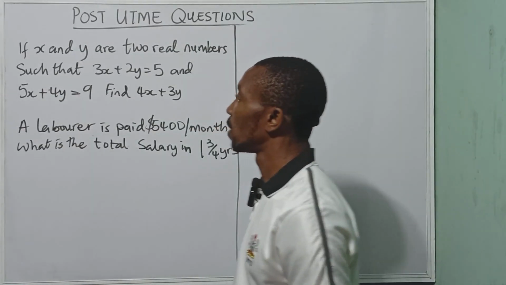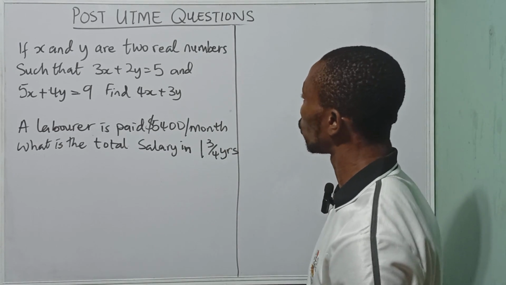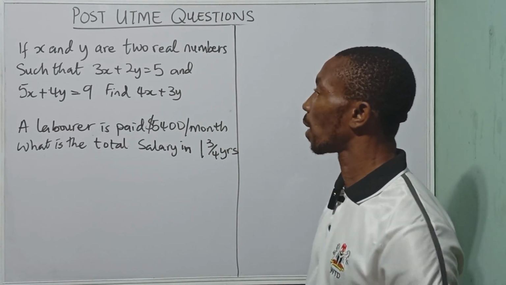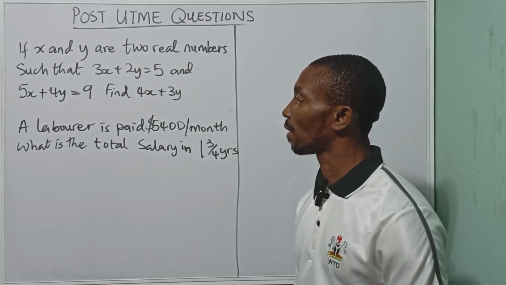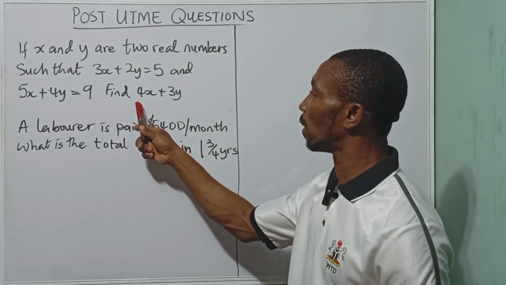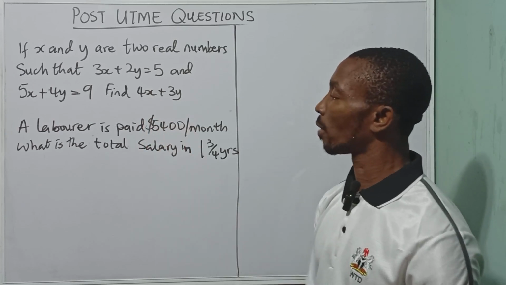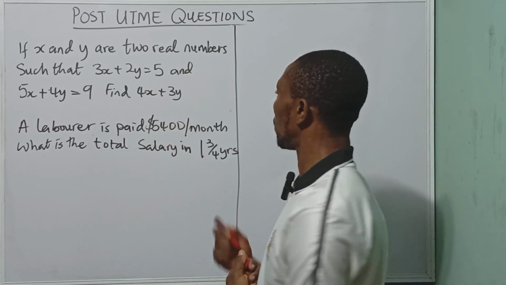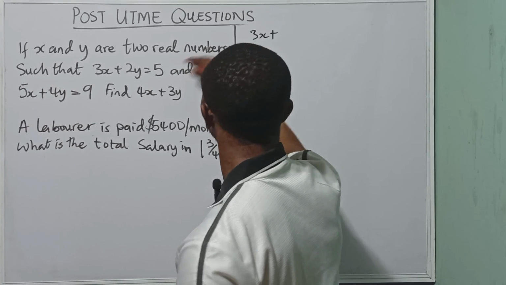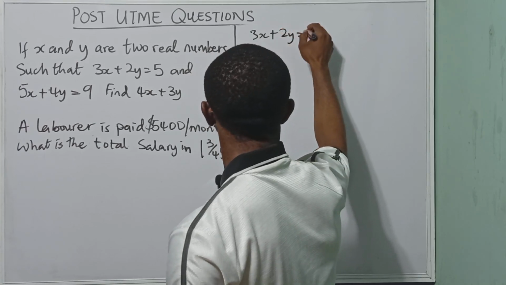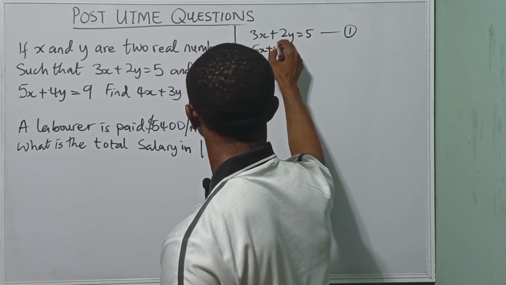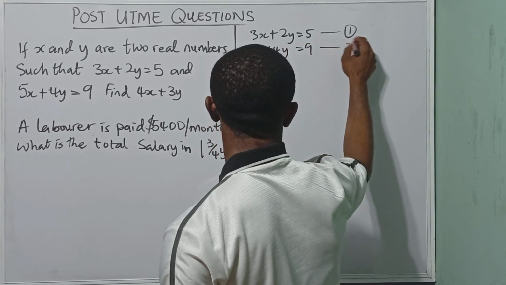The next question says, if x and y are two real numbers such that 3x plus 2y equals 5 and 5x plus 4y equals 9, find the value of 4x plus 3y. Now, in solving this, we solve as simultaneous equations: 3x plus 2y equals 5, equation 1, and 5x plus 4y equals 9, equation 2.